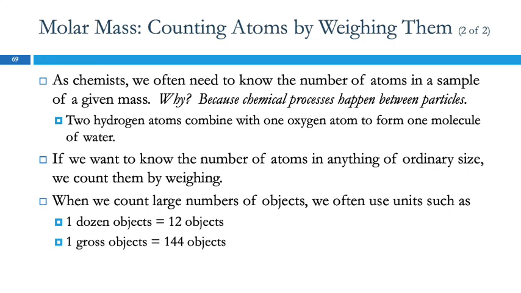If I have 1 of these, I might need 1 of those to make 1 of that. Or I might need 1 and 3 to make 2 of that or something. And so we're interested in the number because that's how the atoms react. So 2 hydrogen atoms and 1 oxygen atom form 1 molecule.